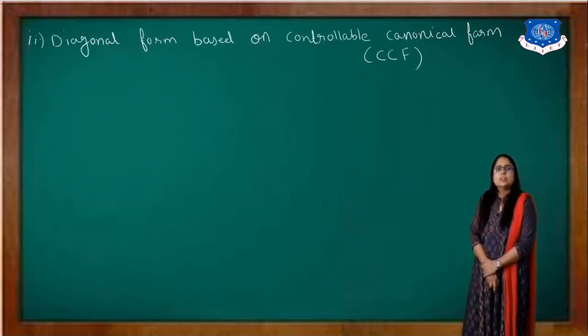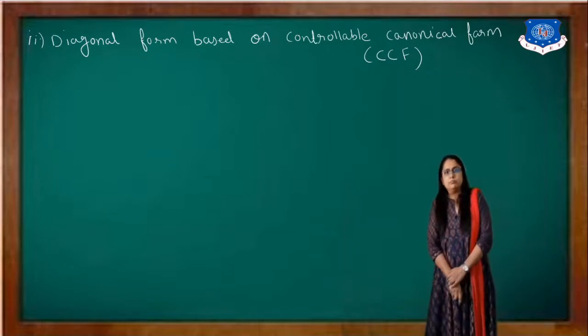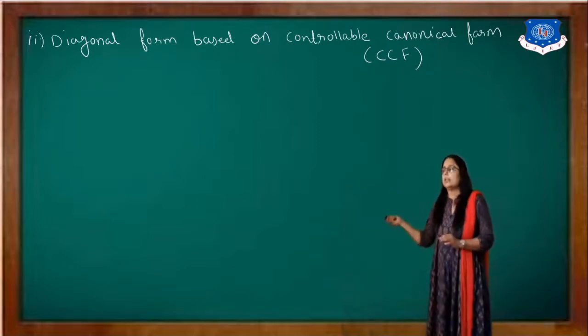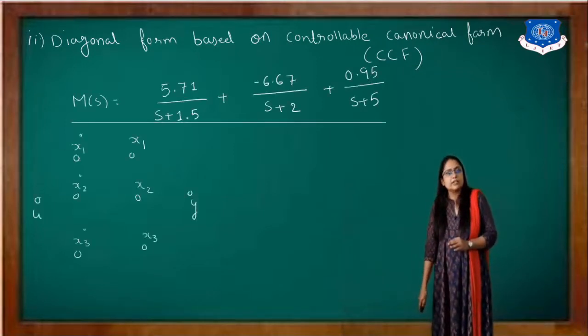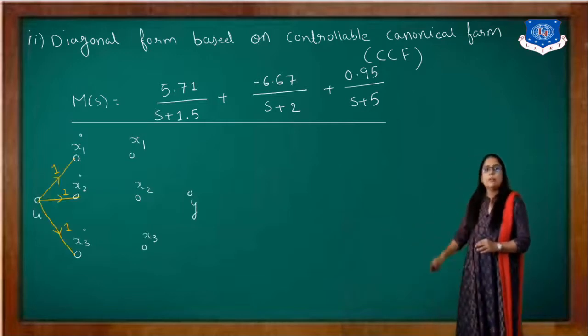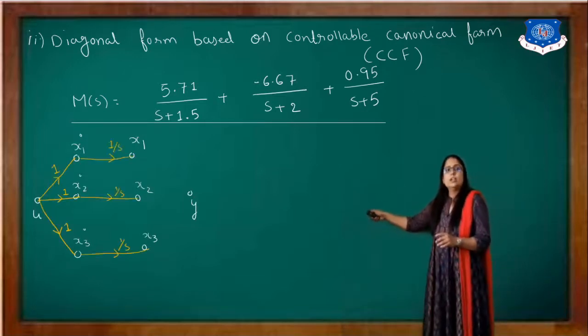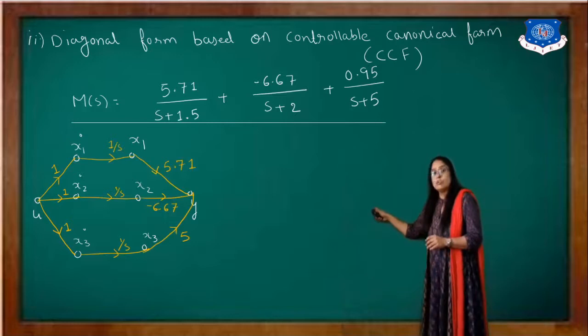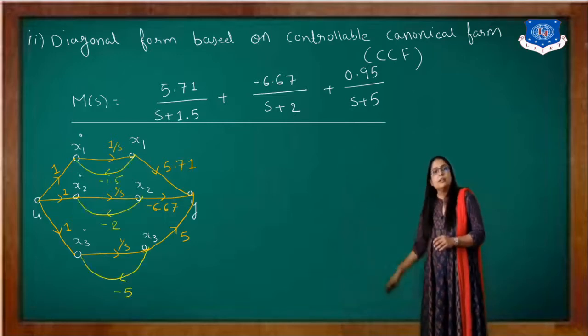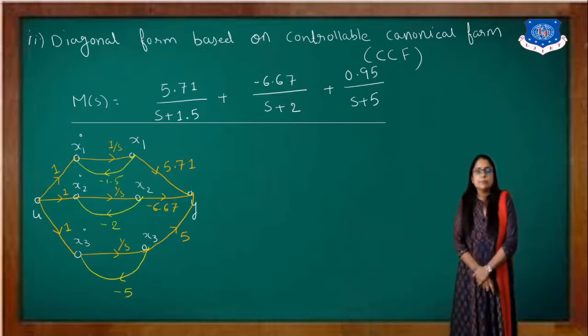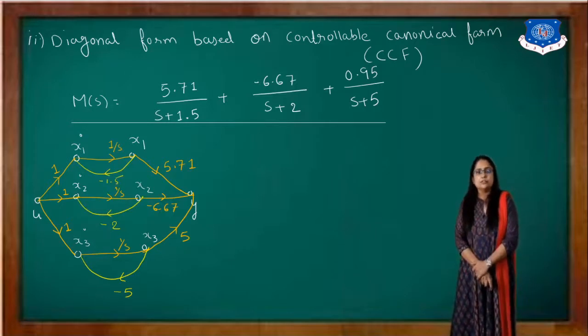Now next, that is the diagonal form based on the controllable canonical form. So this is our equation, here this is the node, but here 1 by s, and everything that you have to specify at the output side. The rest of the thing is the same. This is only the difference.